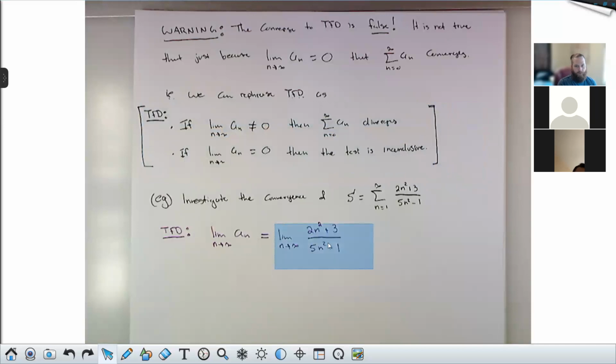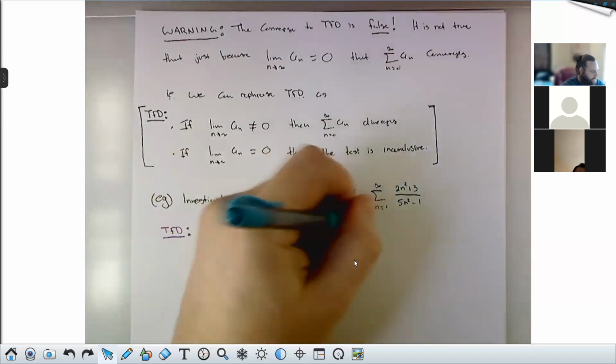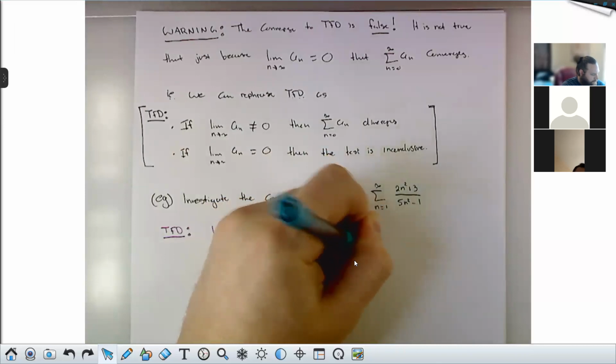How do I take this limit? Somebody help me with taking this limit. I need your help. Very good. Yeah, Matthew suggests that we renormalize. And that means we're going to divide top and bottom by the fastest growing term. So I'm going to divide top and bottom by n squared.